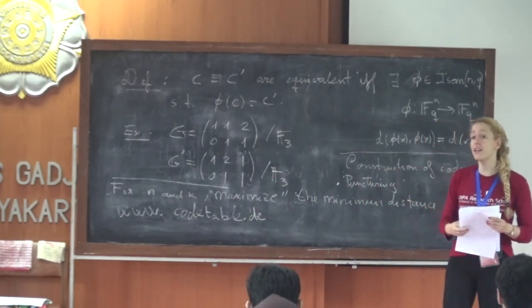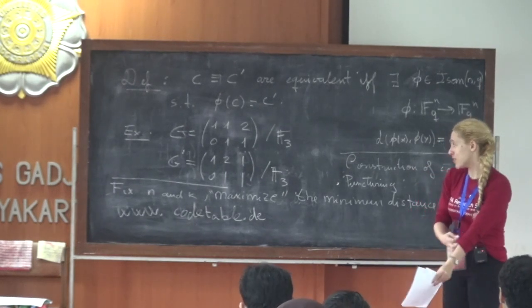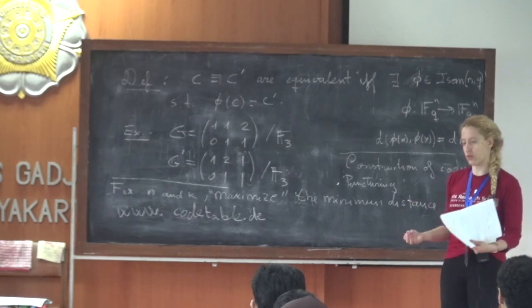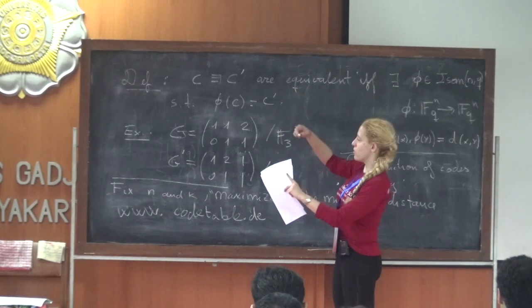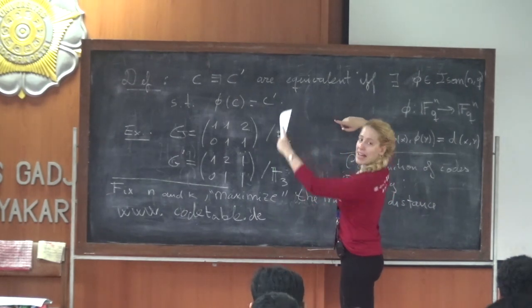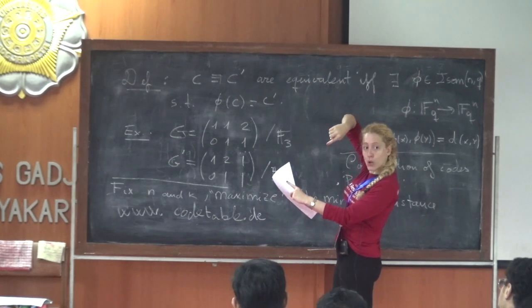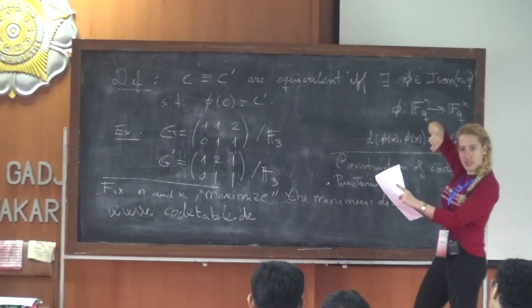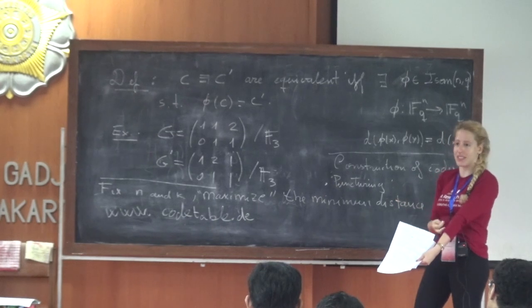You go to this website, or to the other one you will find in the lecture notes. There are a lot of tables of codes, showing what is known and which codes we know how to construct. It's quite cool because you get a table with N and K, and inside you get the value of the maximum minimum distance. If you click, you can see an example of how to construct a code with this distance.